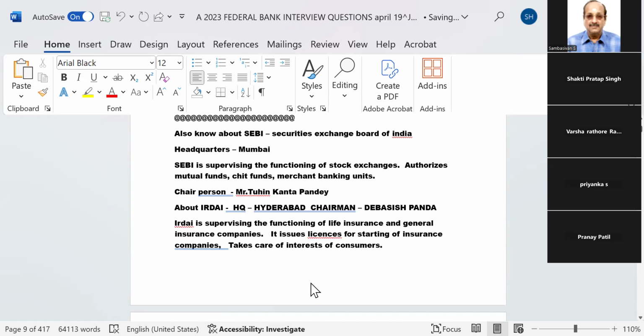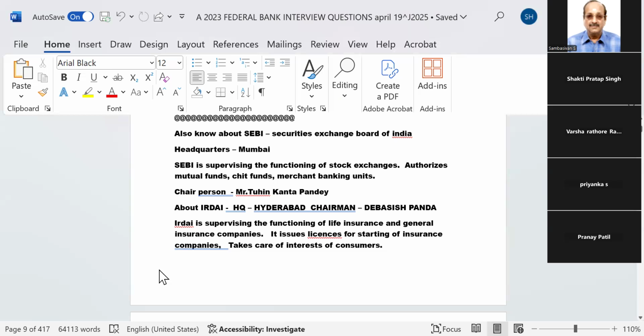About SEBI, please read. Also know about SEBI, Securities and Exchange Board of India. Headquarters is in Mumbai. SEBI is supervising the functioning of stock exchanges, authorizes the mutual funds, chit funds, merchant banking units. The chairperson is Mr. Tuhin Kanta Pandey.